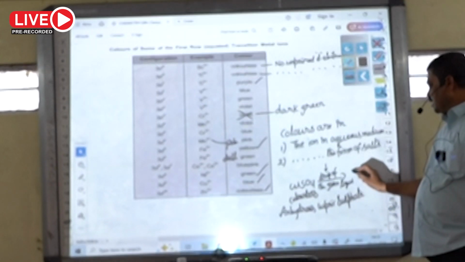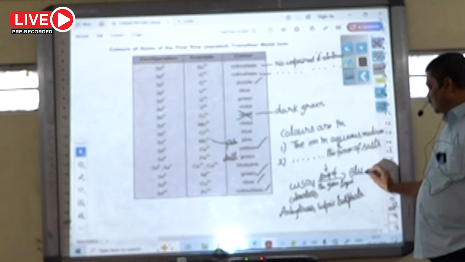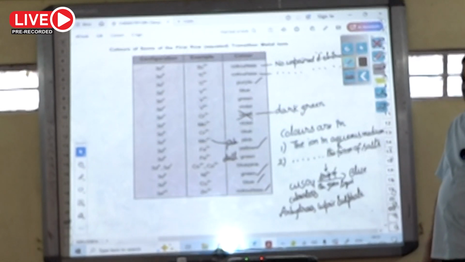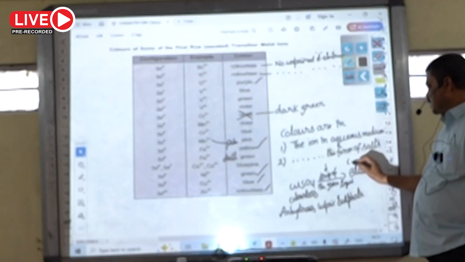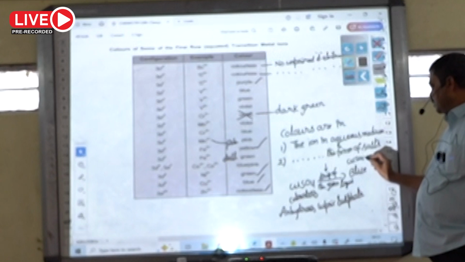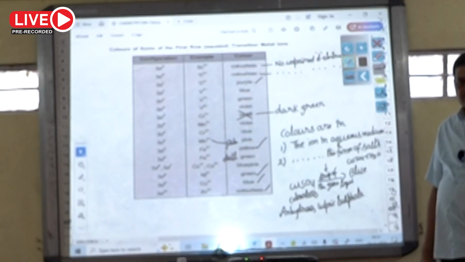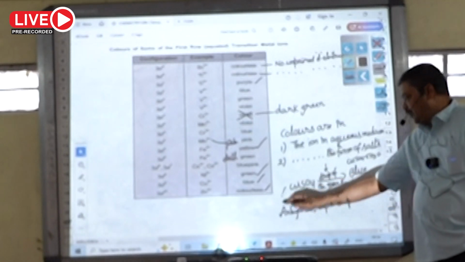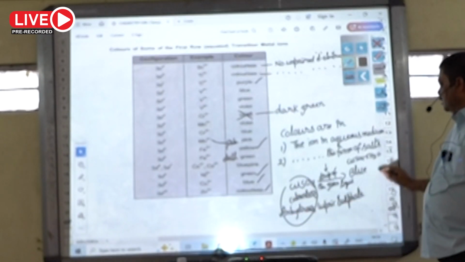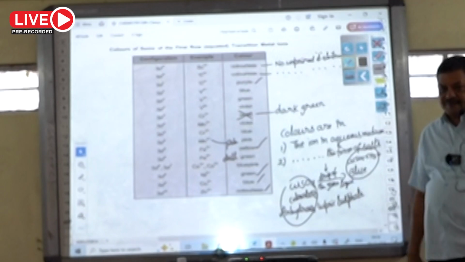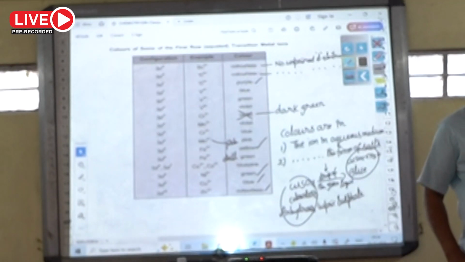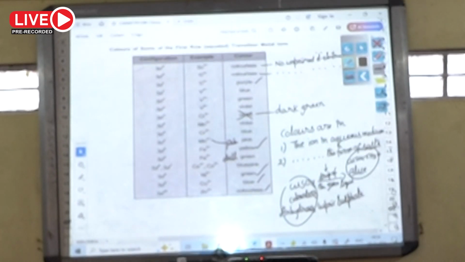If it immediately turns blue, then the compound formed is CuSO4·5H2O. Anhydrous cupric sulfate becomes hydrated cupric sulfate. What is the color of hydrated cupric sulfate? Blue. Then the given liquid is water.